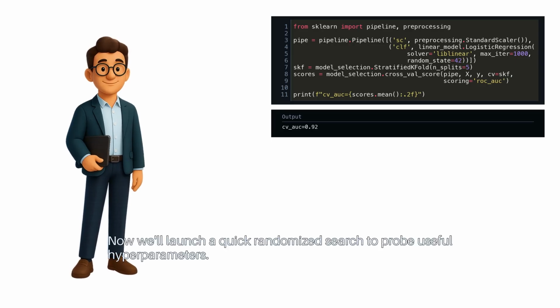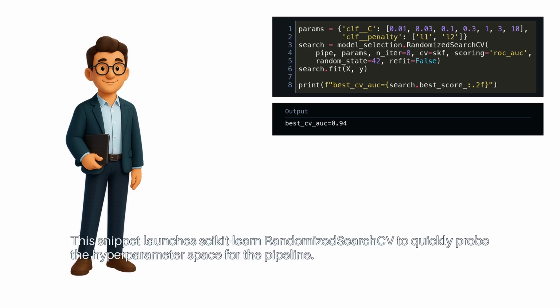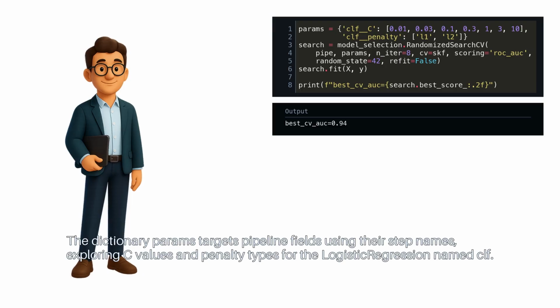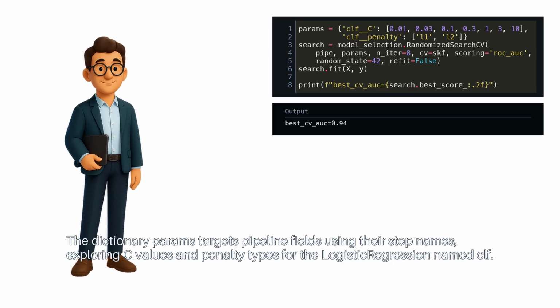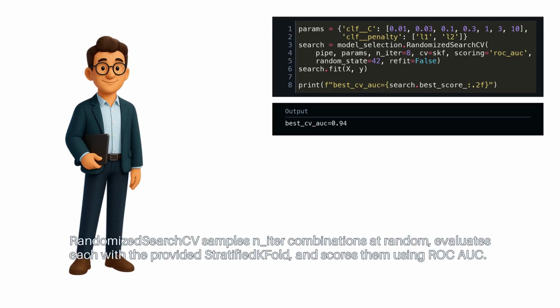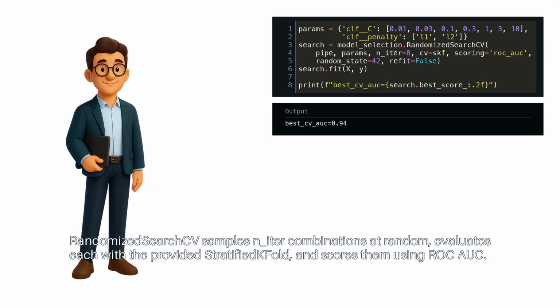Now we'll launch a quick randomized search to probe useful hyperparameters. This snippet launches scikit-learn RandomizedSearchCV to quickly probe the hyperparameter space for the pipeline. The dictionary params targets pipeline fields using their step names, exploring C values and penalty types for the logistic regression named clf. RandomizedSearchCV samples n_iter combinations at random, evaluates each with the provided StratifiedKFold, and scores them using ROC AUC.